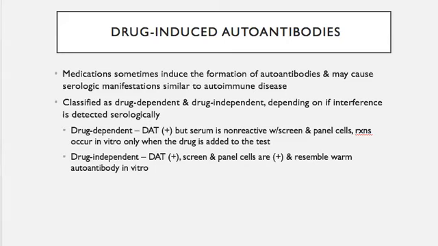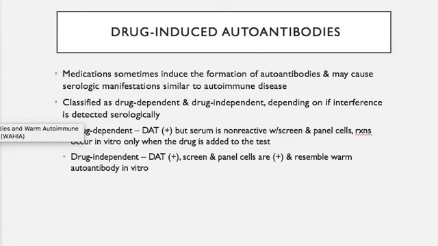So drug dependent, you've got a DAT that will be positive, but the serum is non-reactive with the screen and panel cells. Reactions occur in vitro only when the drug is added to the test. Drug independent, you've still got a positive DAT reaction, but the screen and panel cells are positive and resemble a warm autoantibody in vitro.